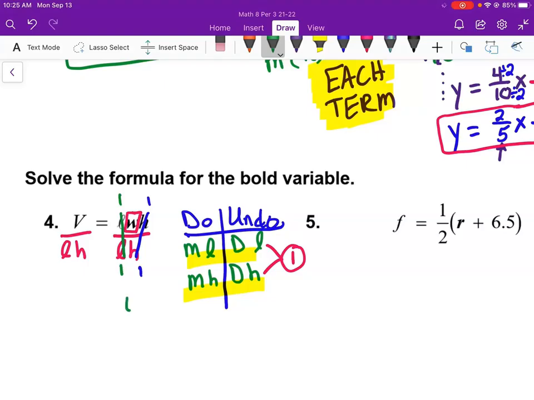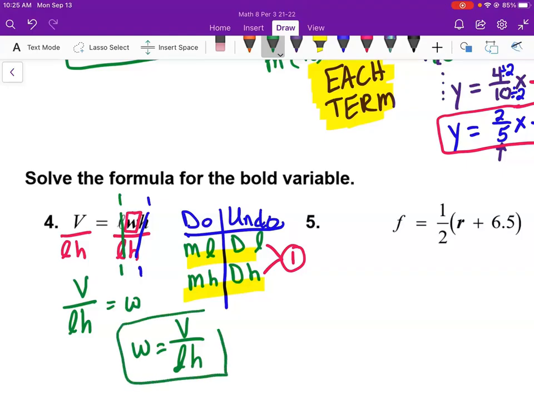So I have W on this side and V divided by LH. Flip the order and you're done. Okay, only if they are exactly the same can you do that.